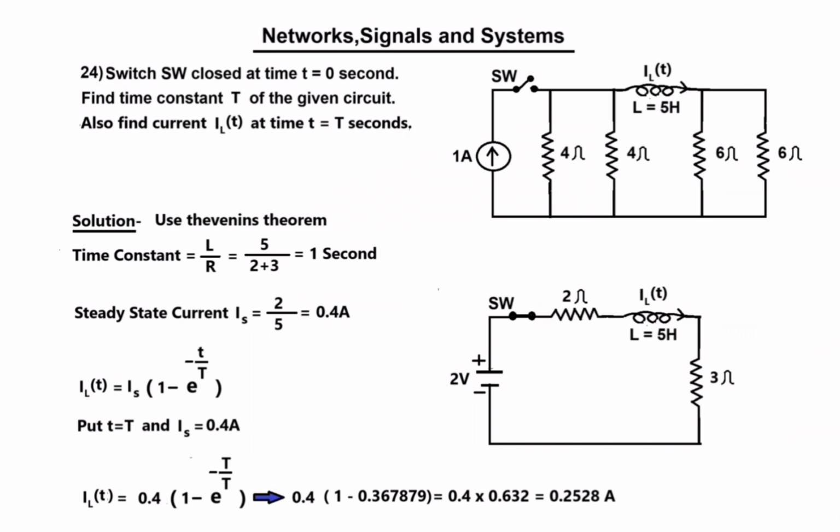After putting the value of time constant and steady state current I_s, the current i_L(t) at time t equal to τ equal to 0.4 multiplied by 0.632, this equal to 0.2528 ampere. Okay, thank you.